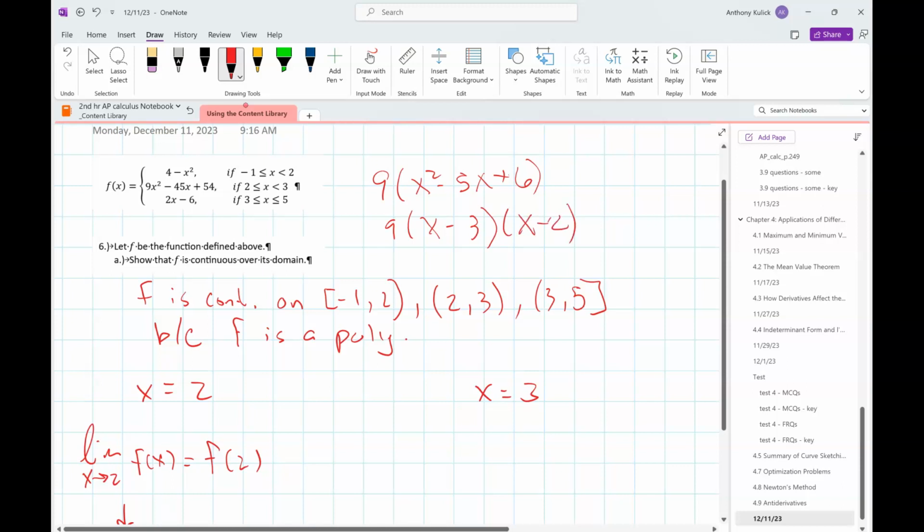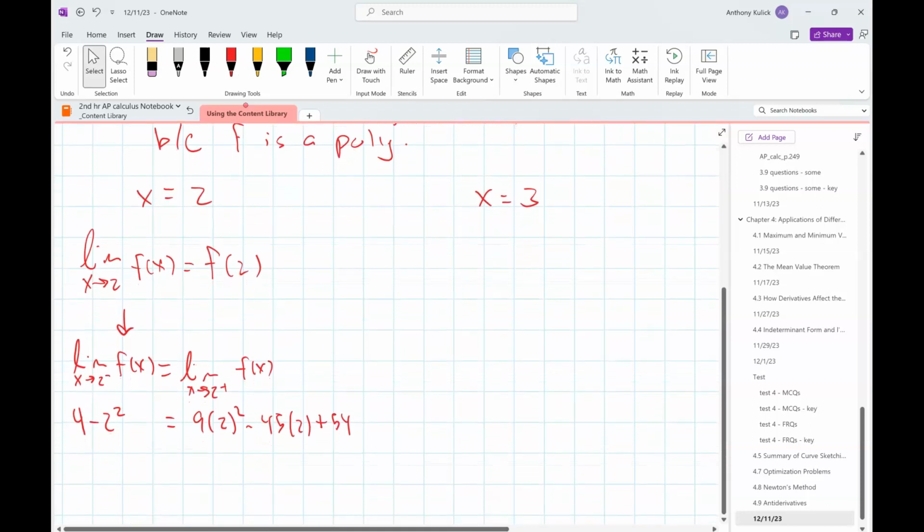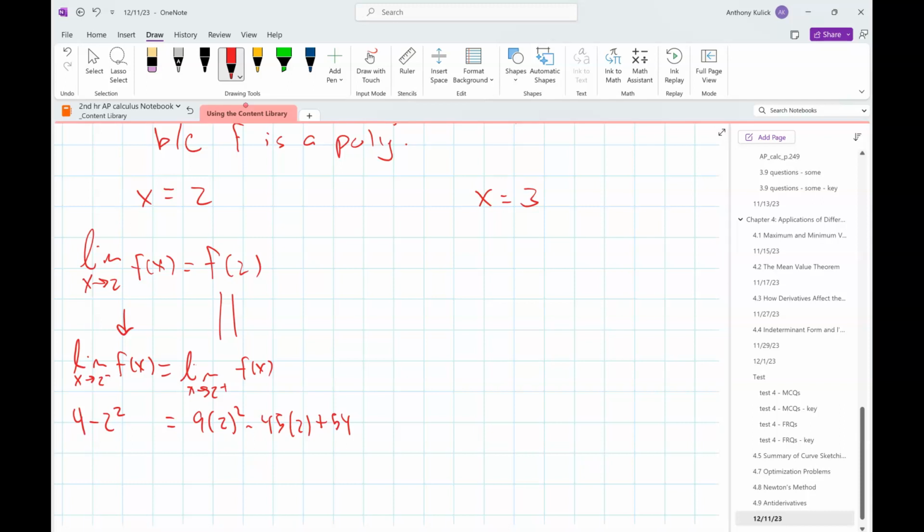And there the arithmetic should be definitely within your capabilities of plugging a 2 into that, saying that you're going to get a 0. Just pointing things out along the way. And then f of 2 is going to be the same thing as that. So we're good there, right? We have continuity at 2. Everybody's good?